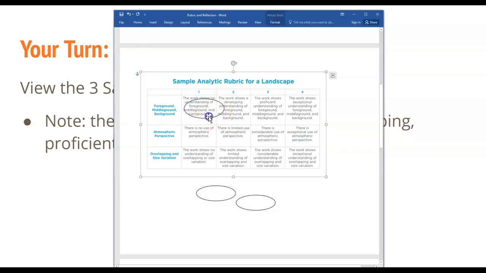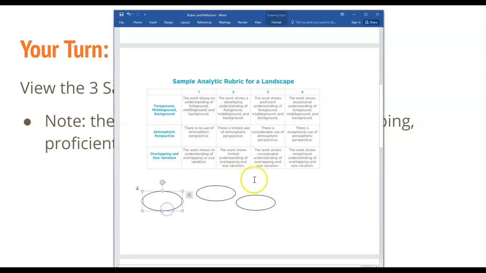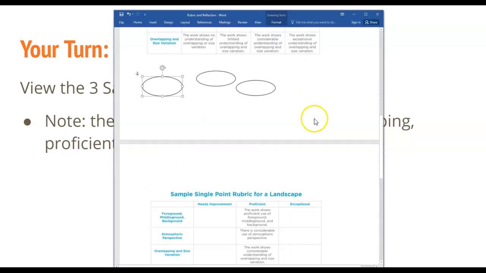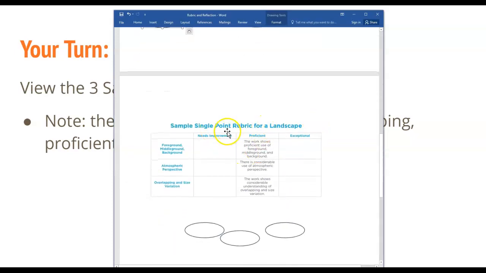So this is one of those assignments that I would have printed off for you and had to use pen and paper were we in a face-to-face environment. So I'm doing the best I can to try to make it a digital friendly sort of assignment. The only rubric that's not going to work so well would be the single point.